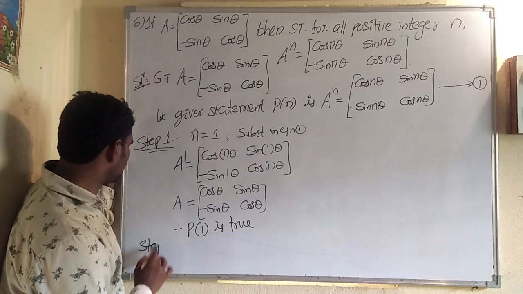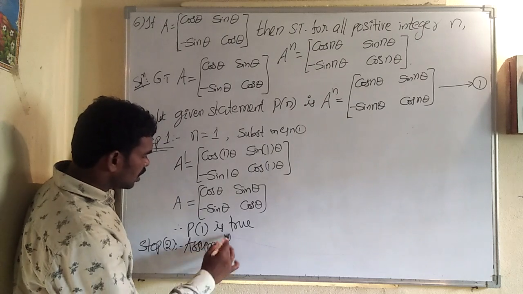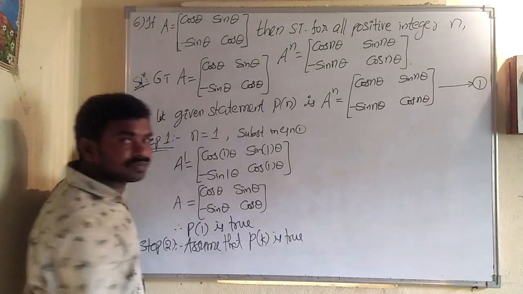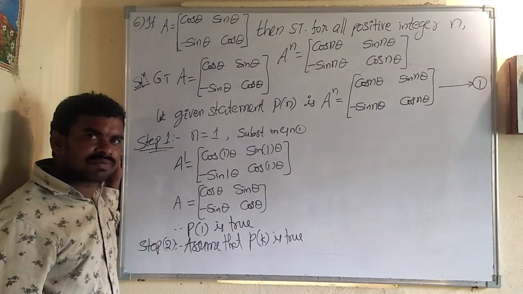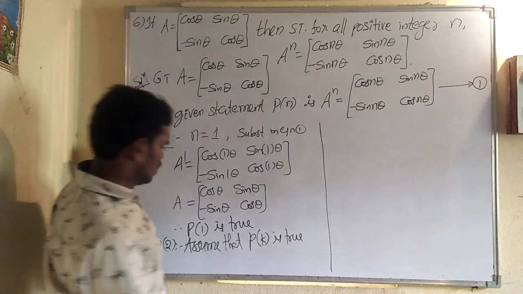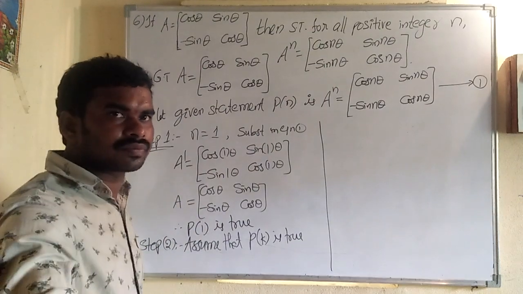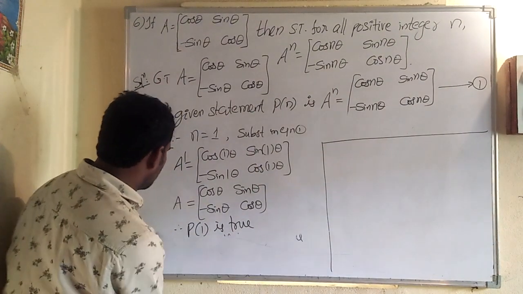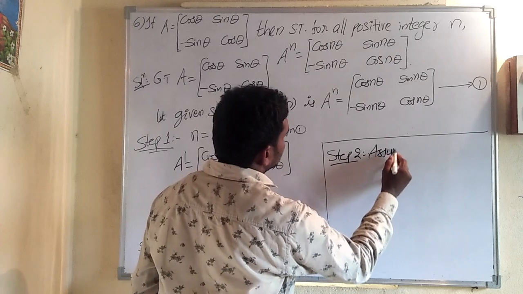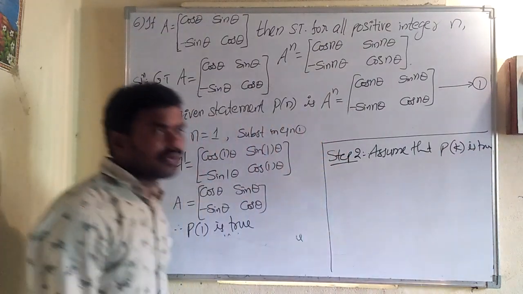Next, step 2. What is step 2? Assume that at n equal to k, that is, P of k is true. So substitute n equal to k. Writing here, step 2: assume that P of k is true.